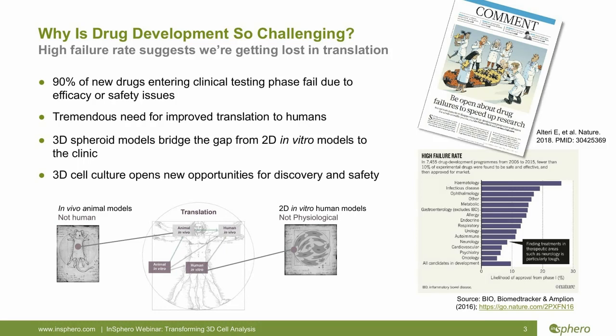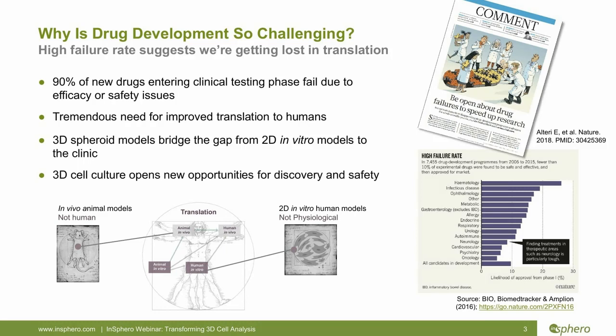And according to the most recent Nature report, shown on the right, when they examined the failure rates for drugs entering the clinic between 2006 and 2015, 90% of drugs failed to reach the market due to either efficacy or safety issues. When a drug fails at this late stage, it's estimated to cost the pharma industry up to $2.6 billion.